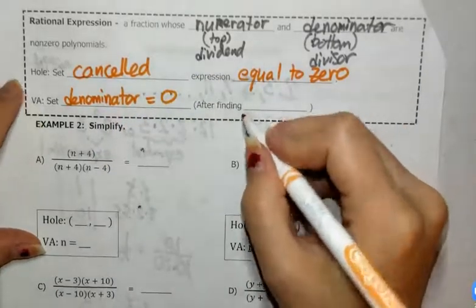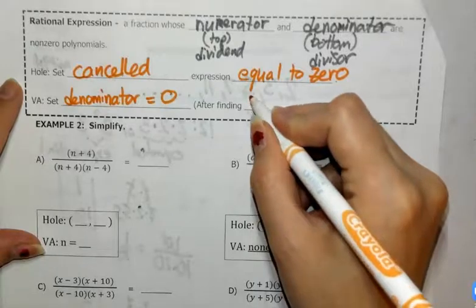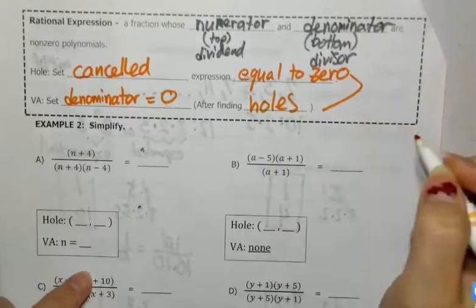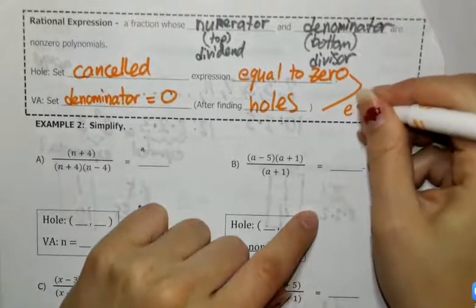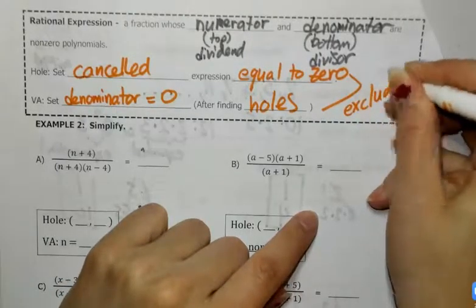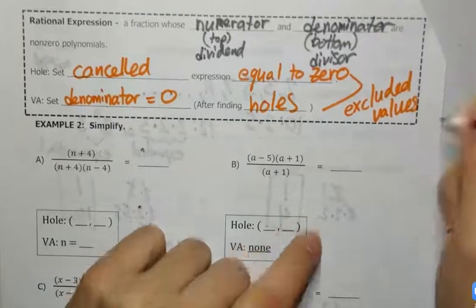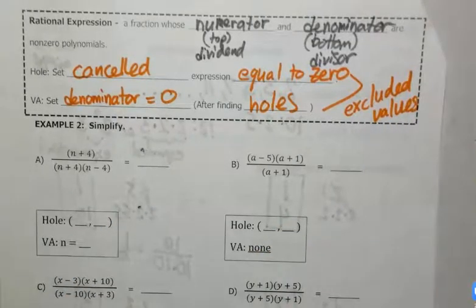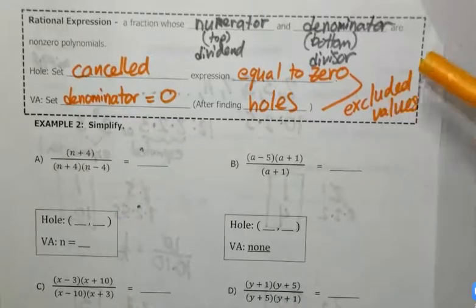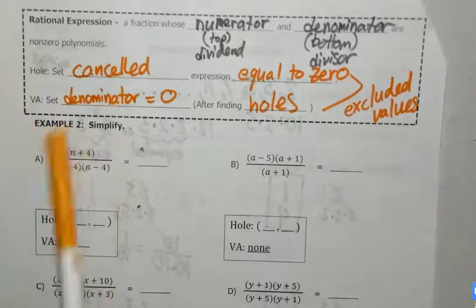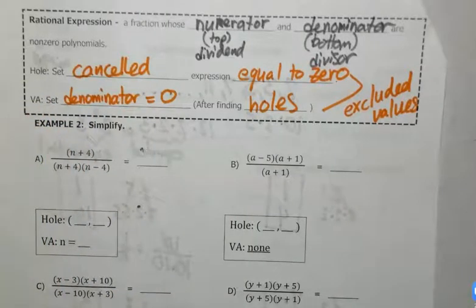And you do this after finding the holes. And together, these are considered the excluded values. So if it ever says write your excluded values, you would just put the holes and the vertical asymptotes, VAs.